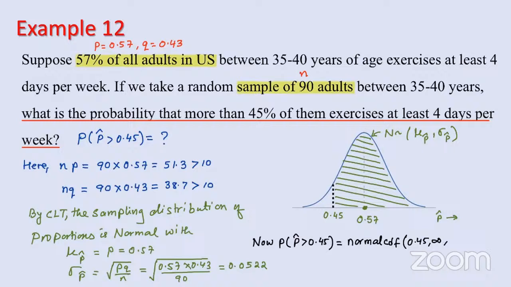Infinity, mean 0.57, and standard deviation is 0.0522. Very good. Now you have to type that in your calculator and find the probability. Please type it in your calculator. 0.9892. Okay. Make sure you type that and then check it, everybody.